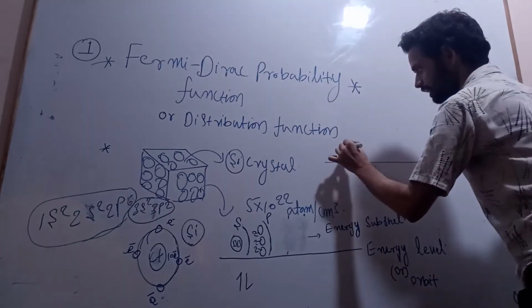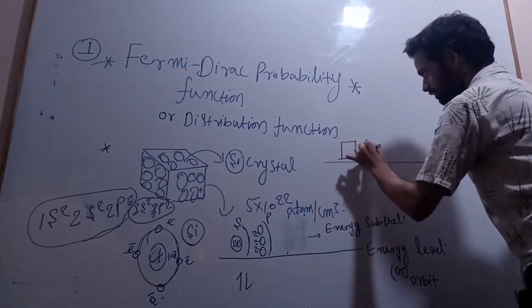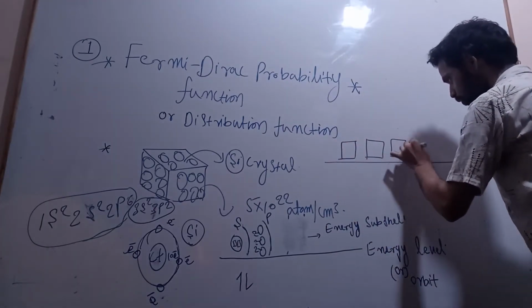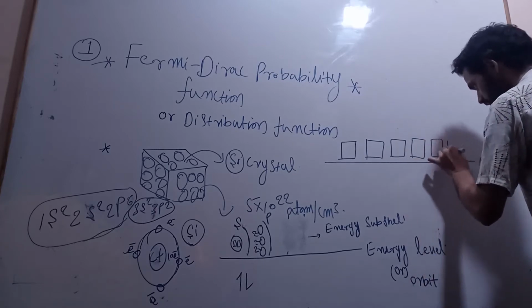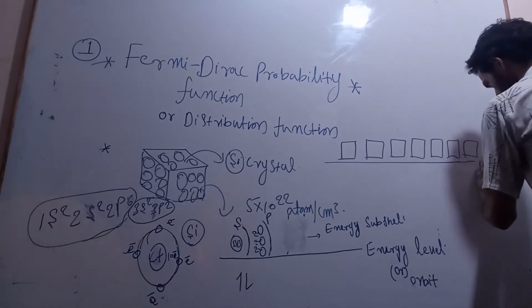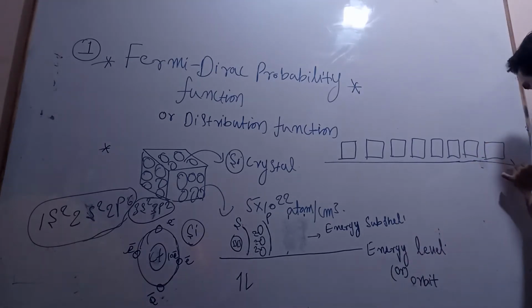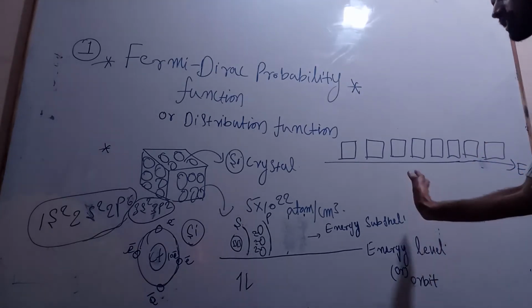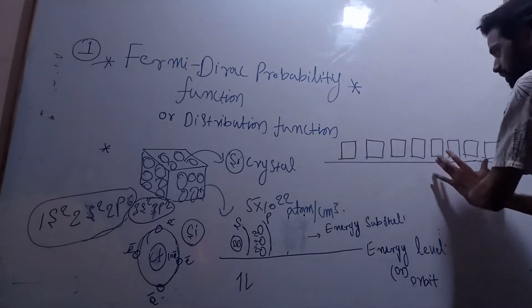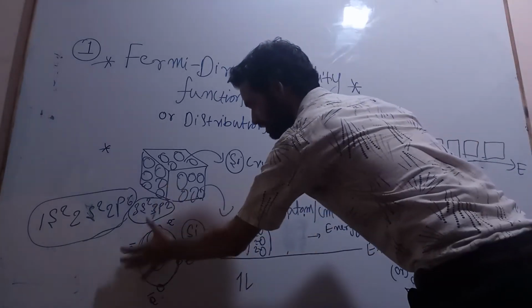Let us say this is my first quantum state: 1, 2, 3, 4, 5, 6, 7, 8. So these are my eight quantum states in one energy level.